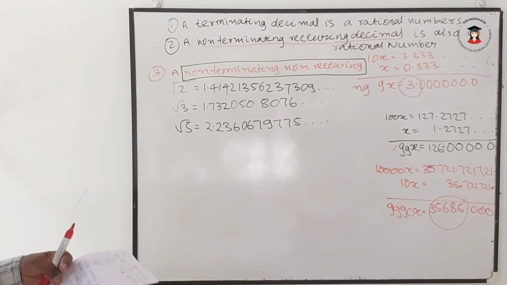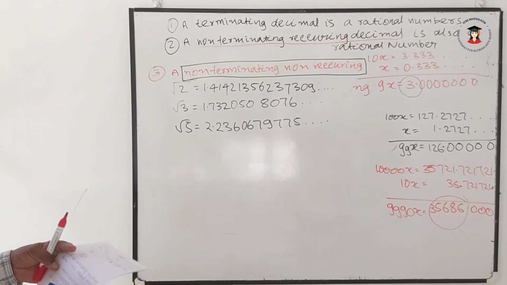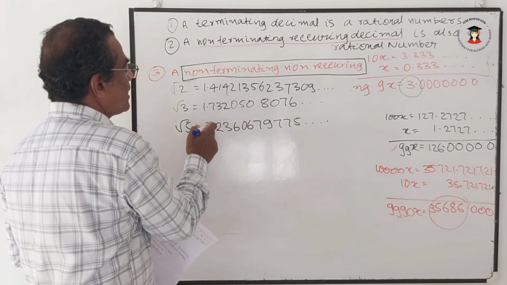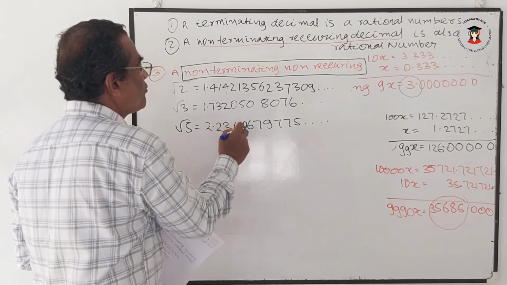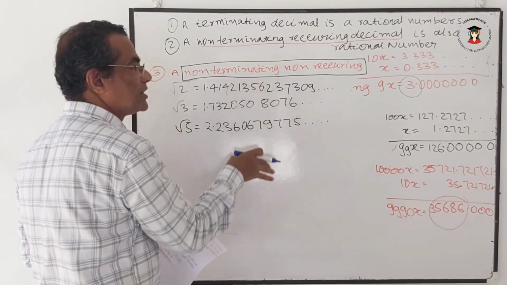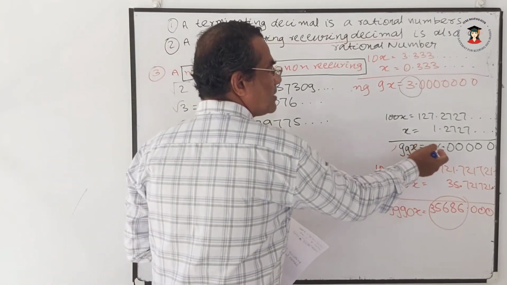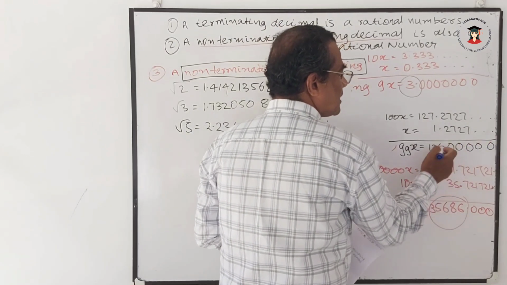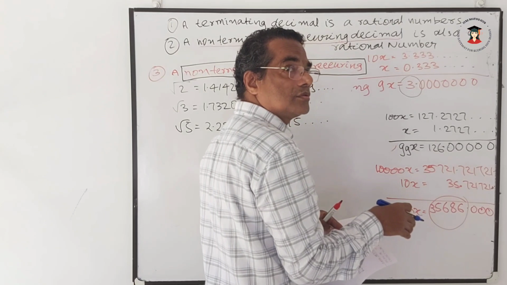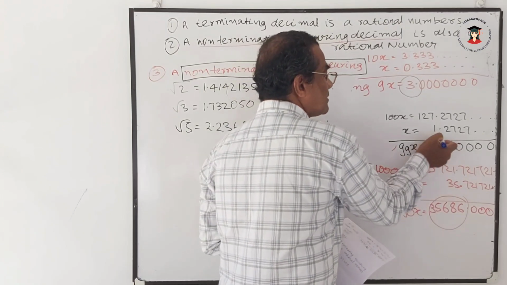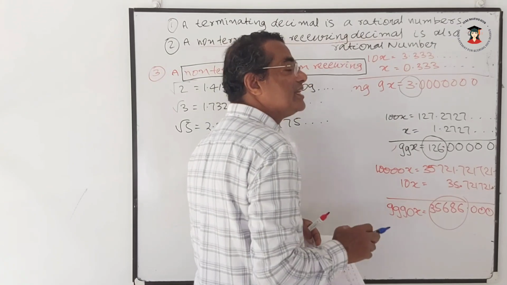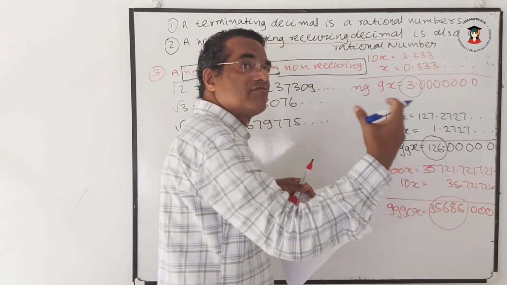Are these numbers rational? Since after the decimal, nowhere else the digits are repeating, we can make the digits after the decimal 0 and get an integer only if the digits are repeated somewhere.